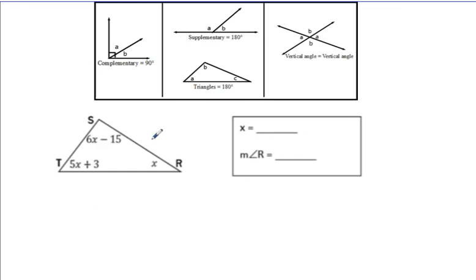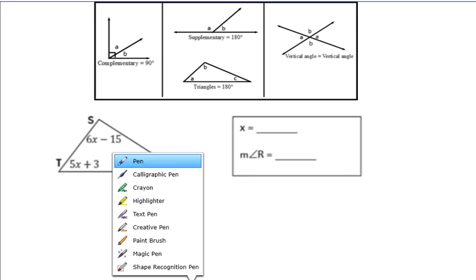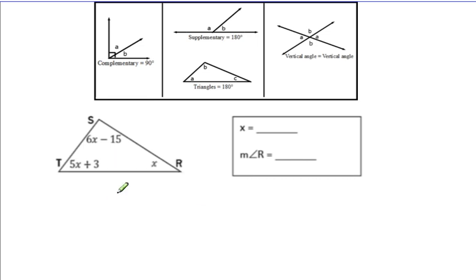And our last example is a triangle. So we know a triangle has 180 degrees. So instead of writing a big equation equal to 180, I'm going to add my x's. I got 5x plus 6x is 11x, plus 1x is 12x. Then I have 3 minus 15 is minus 12, and that equals 180.